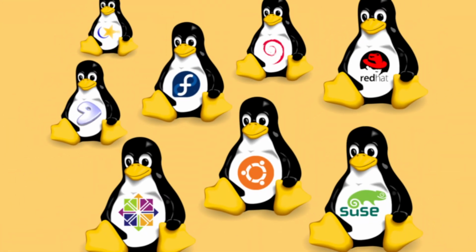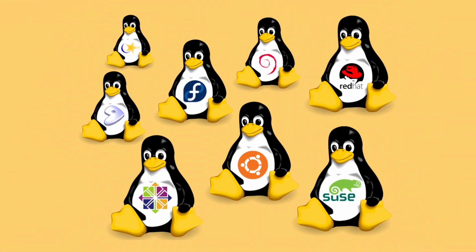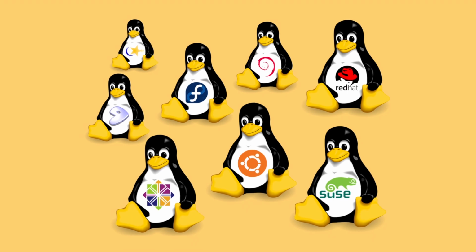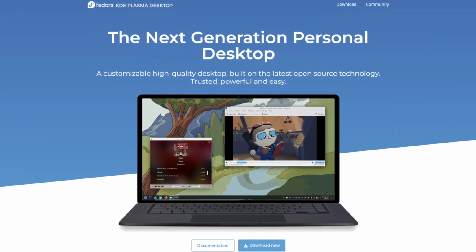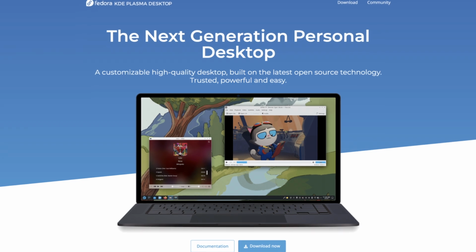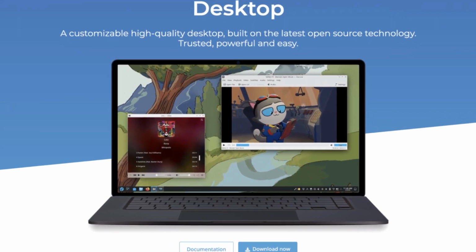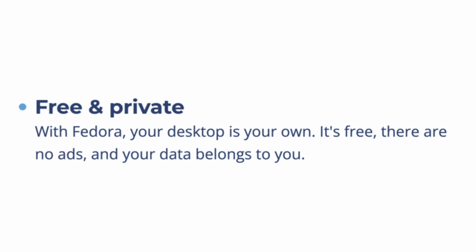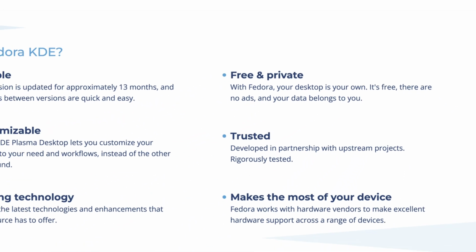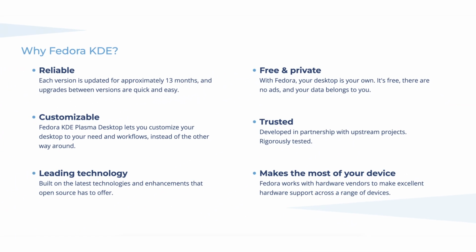Linux comes in different distributions that are customized for specific use cases. Fedora KDE Plasma Desktop is a great alternative to Windows, with a familiar interface which utilizes modern technologies to keep you secure and private. Best of all, it has no tracking, advertising, and AI integrations.